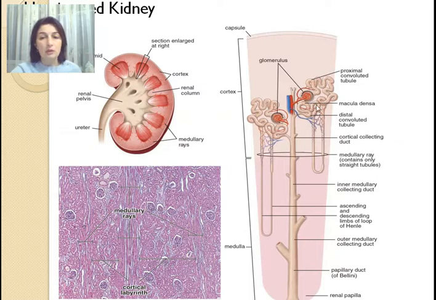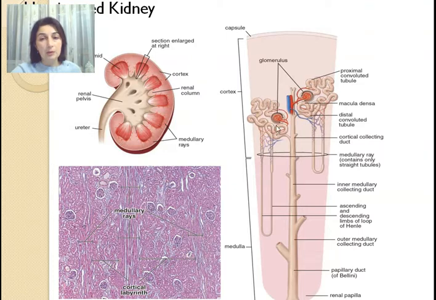That is a cortical nephron, whose main part is located inside of the cortex. Just the loop of Henle is located at the superficial layers of the medulla. As we see here, that is the medulla and that is the cortex.